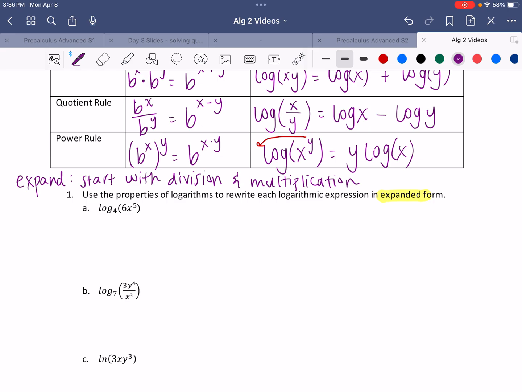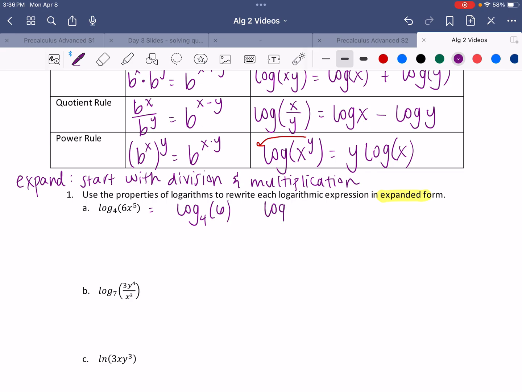So how are you going to know? Well, you're going to look inside your argument and see if there's any division. No, there's no fraction. There is multiplication though. This is 6 that's multiplying by x to the 5th. So I can separate this into two logs. They're going to have the same base, and I do have to write what that base is. So this is log base 4 of 6.